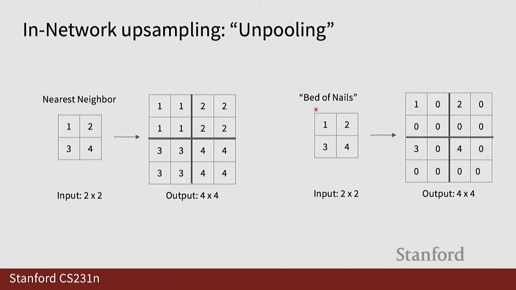Or bed of nails, where you only select one of those in the upsampled version, for example the one in the corner, to copy the data, and replace everything else with 0, and through multiple layers of convolution, these values will start appearing.